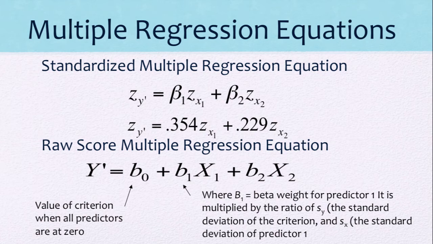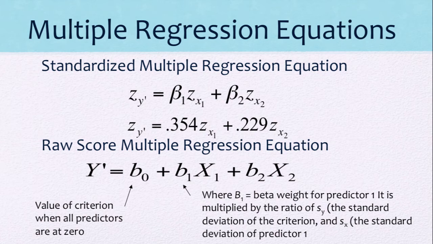We are saying that if all students in the sample studied for the same number of hours, as aptitude increases by 1 standard deviation, high school grades increase by 0.354 standard deviations. Also, as study hours increase by 1 standard deviation, high school grades increase by 0.229 standard deviations, accounting for the effects of aptitude.